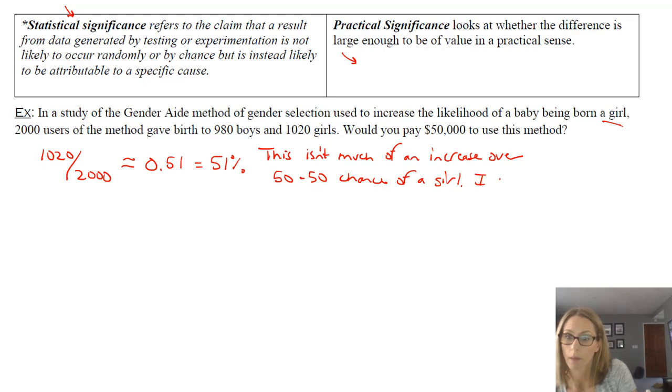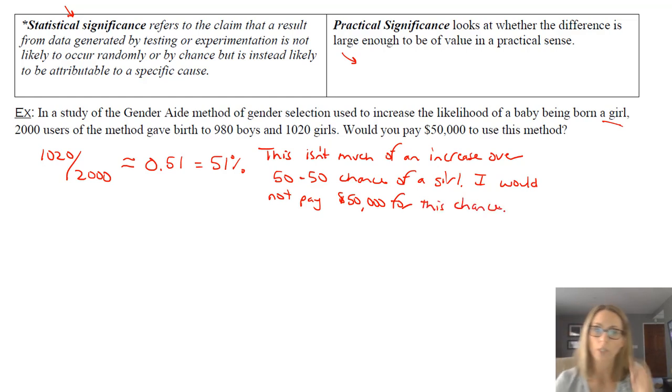Personally, I would not pay $50,000 for this chance. So understand that their data says, hey, we do have an increase. We got an increase, but it's 1%. So that's the difference between statistical significance and practical significance, and we always want to be thinking about that.